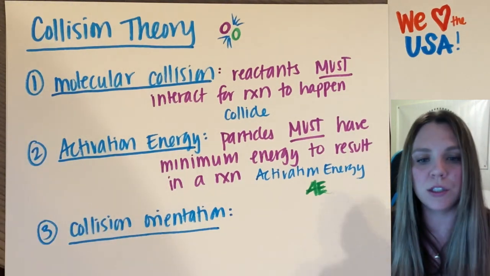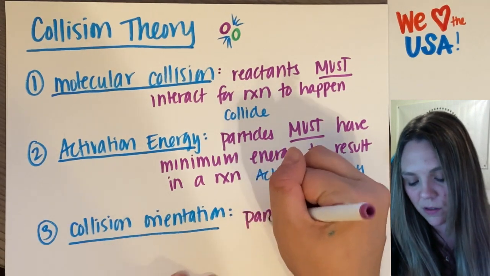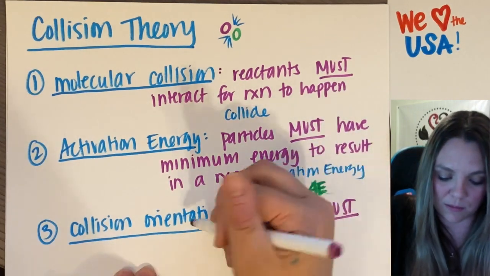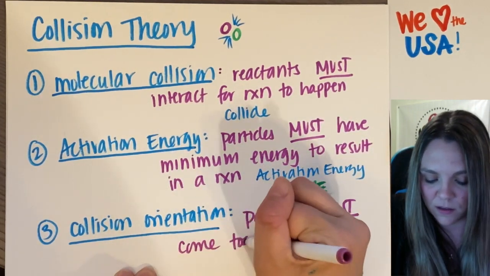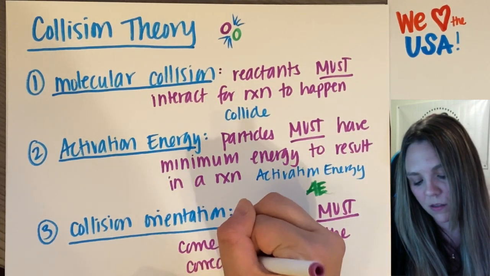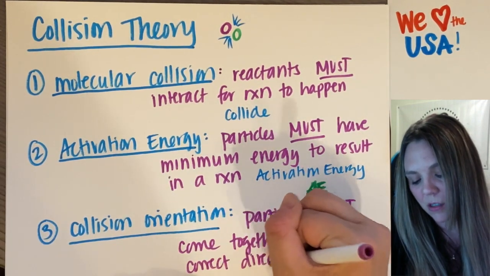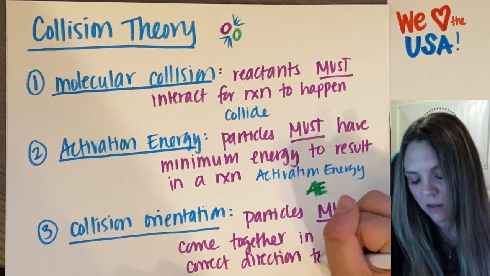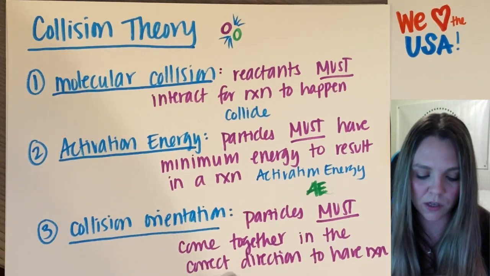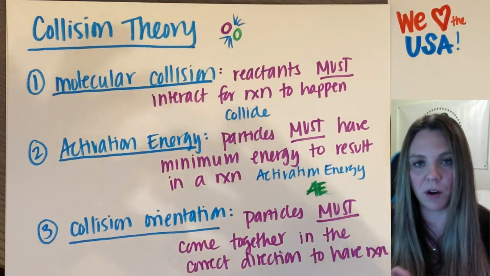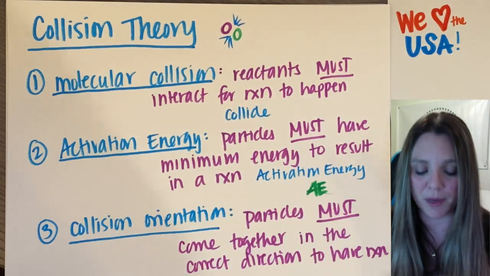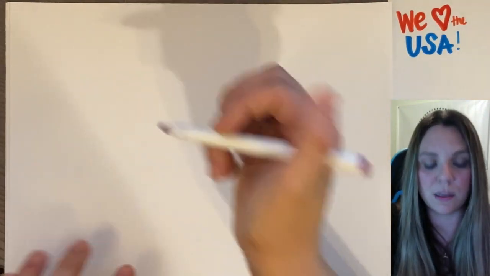Collision orientation is that your particles must come together in the correct direction to have a reaction. So collision orientation just means that your particles have to collide in the right direction for a reaction to happen.